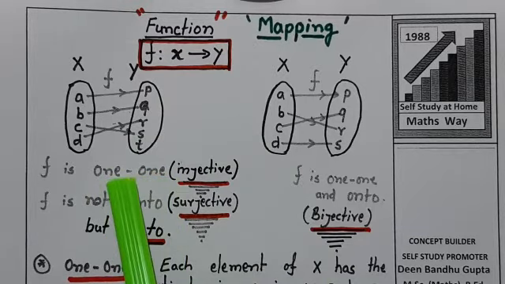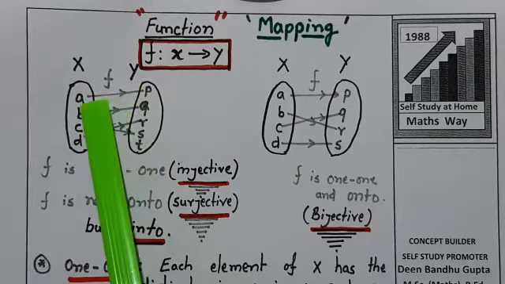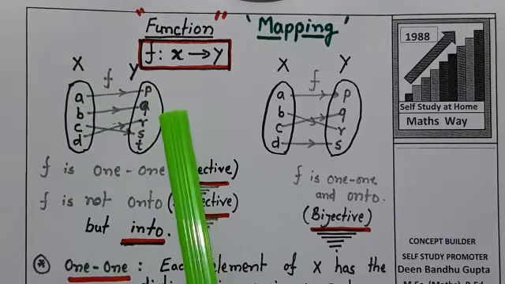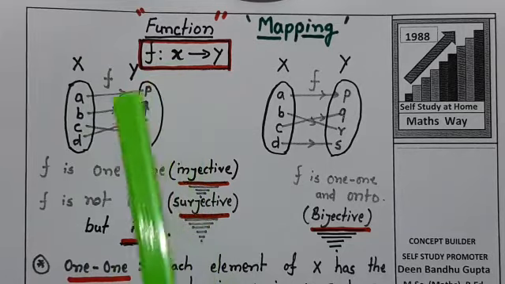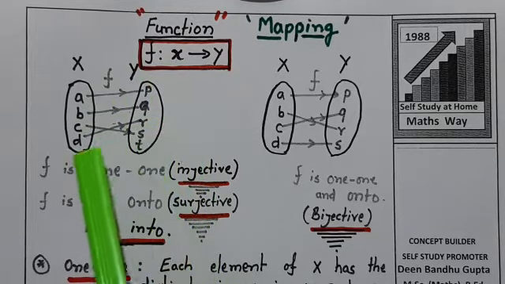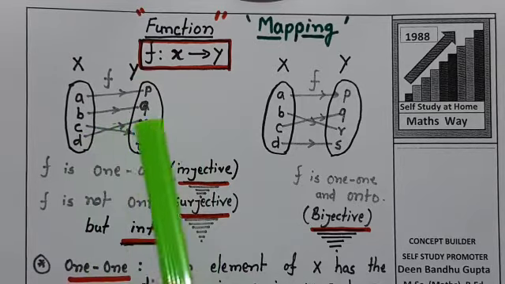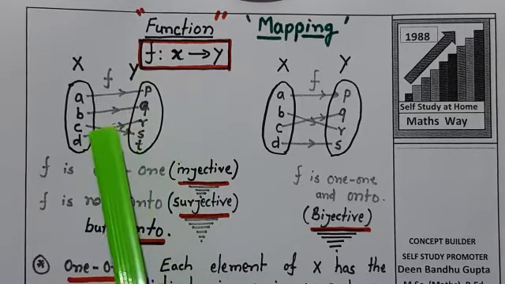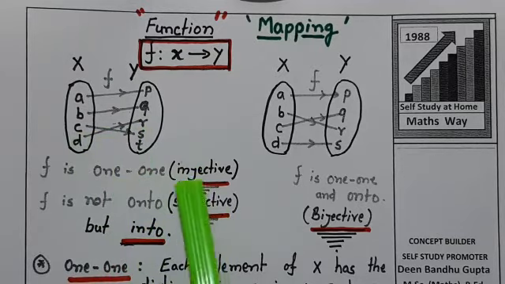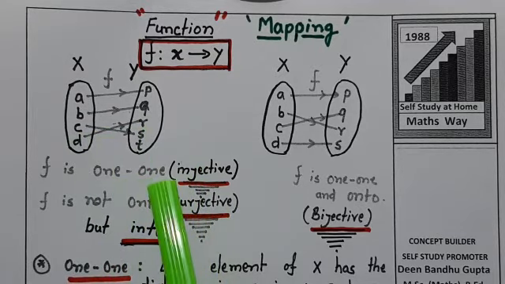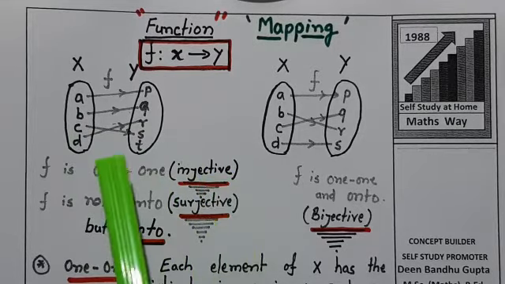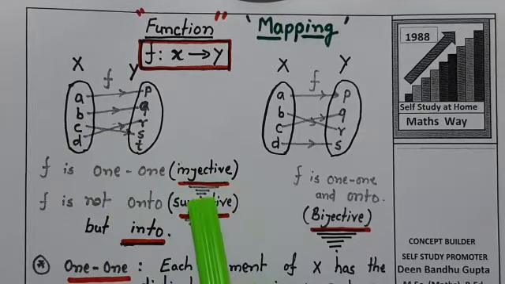Then, in case of 1 1 mapping, one element of x will map to one element of y. That will be 1 1. Any direction, it doesn't matter, any order, because this is a set. Then 1 1 mapping is also known as injective. 1 1 mapping is known as injective.